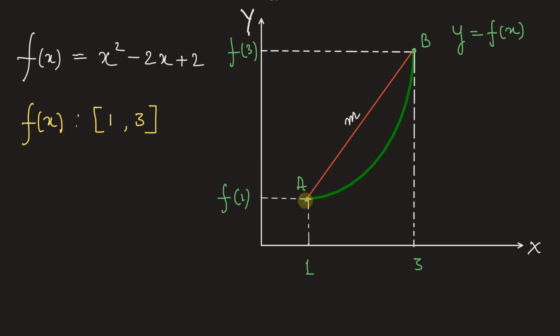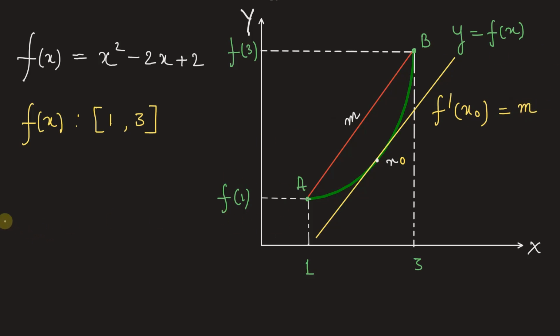According to the problem, we need to find a point between 1 and 3, some value of x, for which the slope at this point is parallel to AB. Let's say this point is x naught. So the slope f dash of x naught must be equal to the slope m.